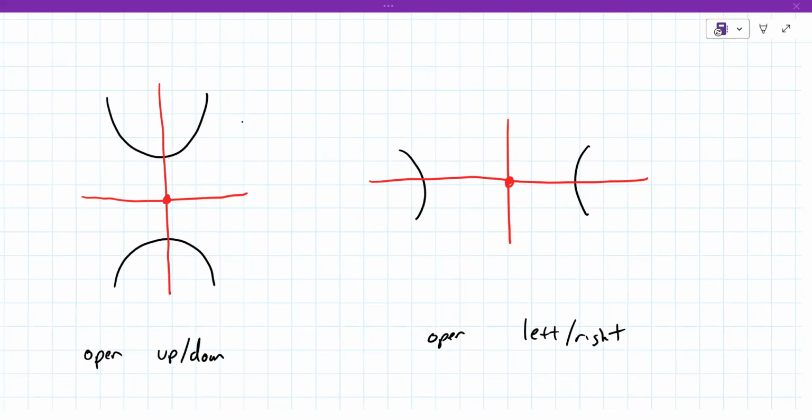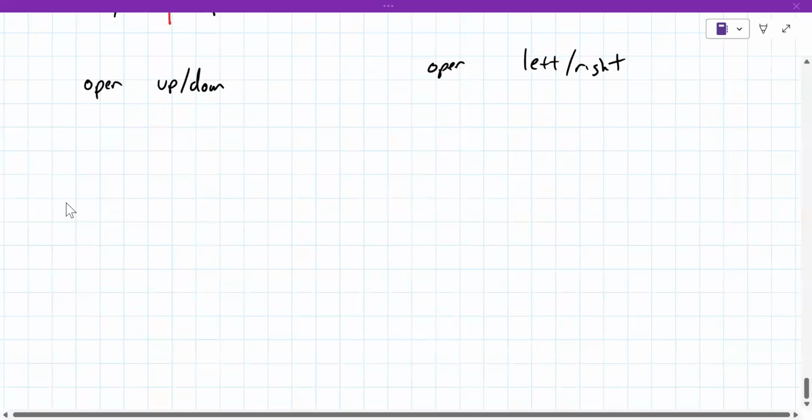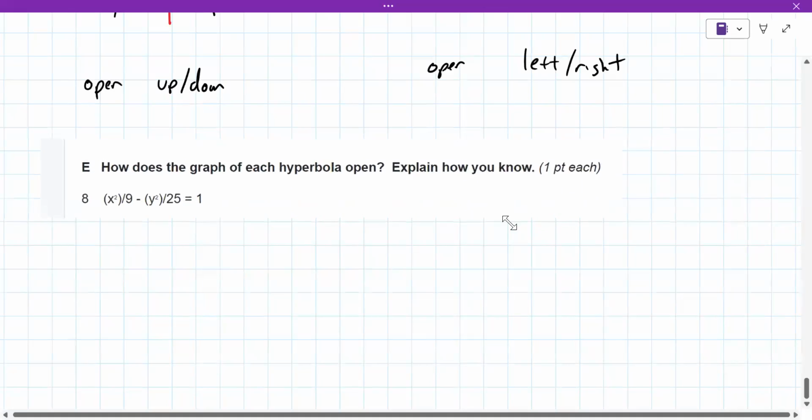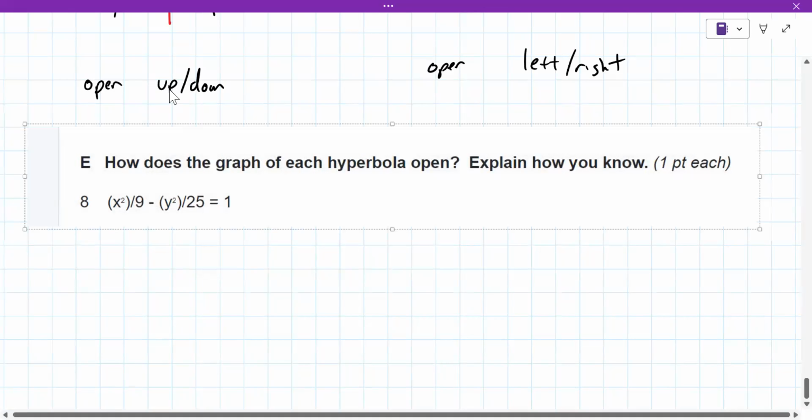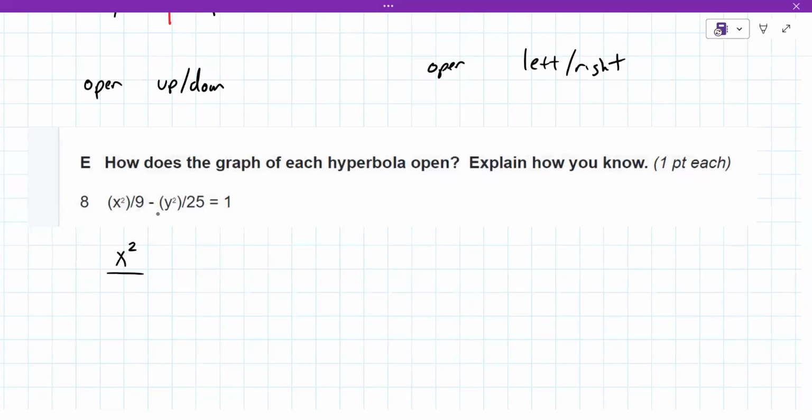So again, you just want to graph them, provide a picture of the graph, and then say whether it opens up or down or left or right. All right. So this one is x squared over 9 minus y squared over 25 equals 1.